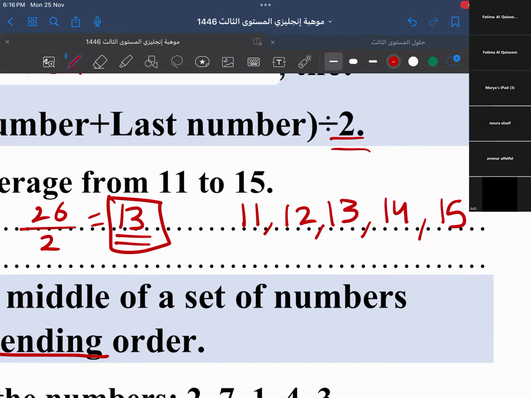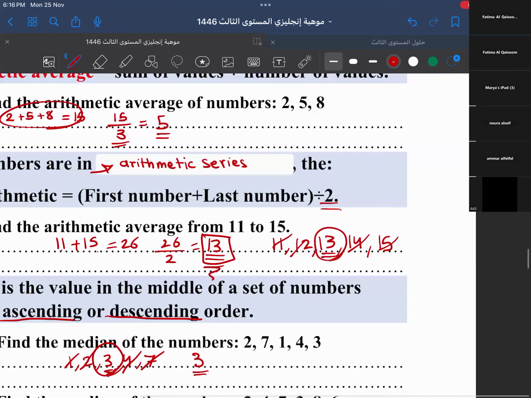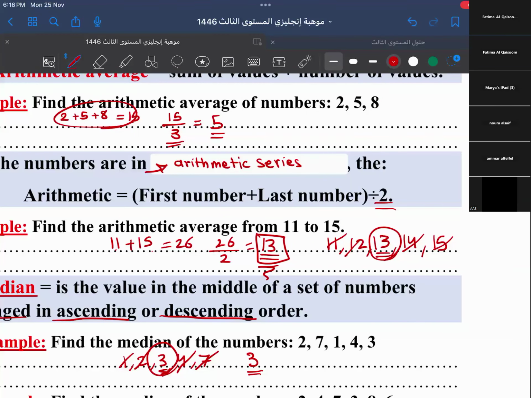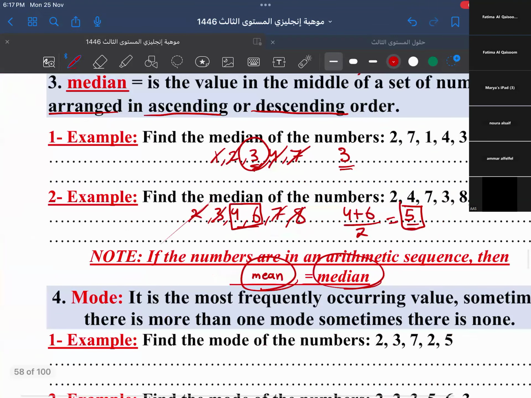If I want to find the median, I do the same here, deleting them, and then find the middle number. You can see it is the same as the mean that we calculated. So if you have numbers in an arithmetic sequence, the mean will equal the median.